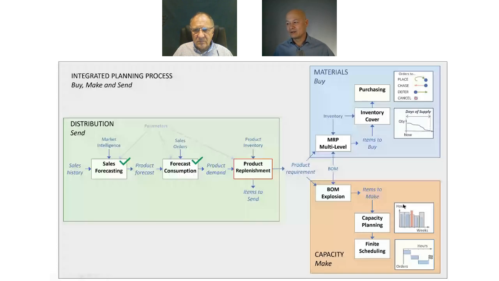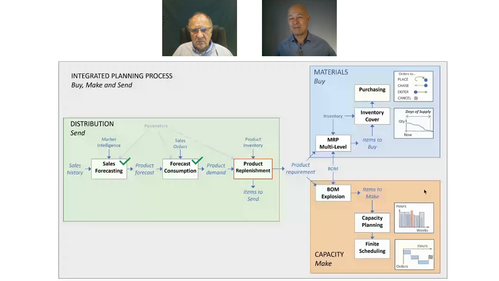So just a little refresher of where we are. We've taken the forecasting process. We've generated a forecast. We've come through forecast consumption to generate product demand. Next, we're into product replenishment. So product replenishment is the last step within our block of distribution.